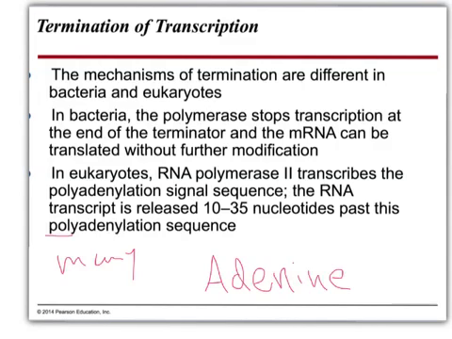So a terminator sequence in the DNA has a run of adenines at the end. When an RNA polymerase goes down and reaches that point, it looks something like this. Here's your DNA, then it reaches this point where it's A on the DNA.